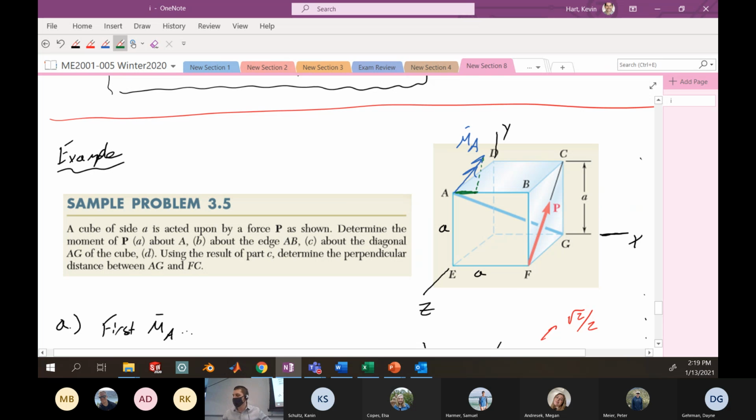I want to know how much of that moment that I generate about point A from that force acts along the axis that's coincident with AB. So for this, I'm going to enact my triple product idea, or my dot product if I want.